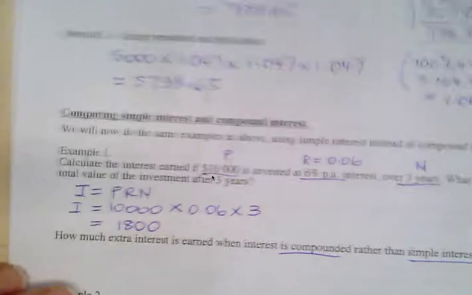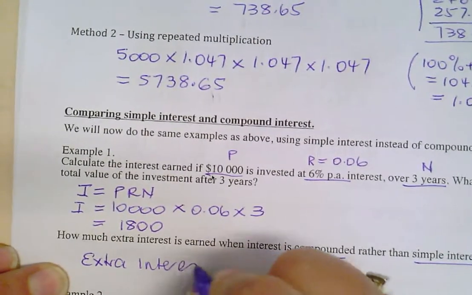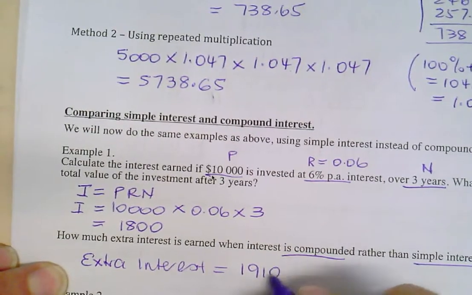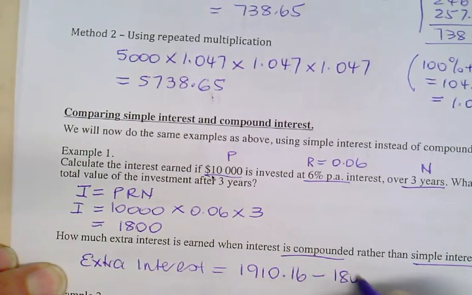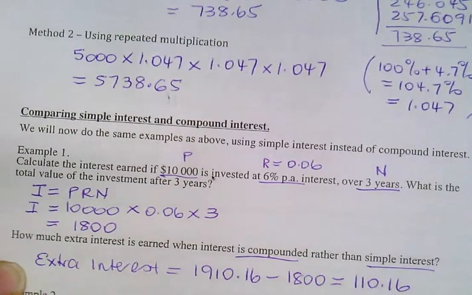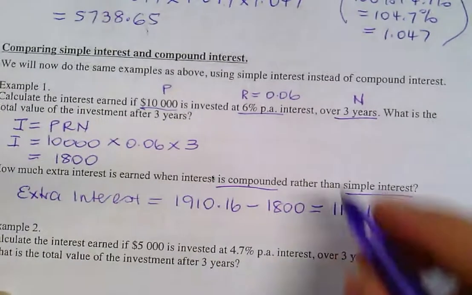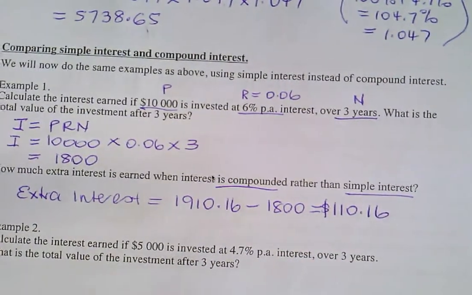So the extra interest earned is $1,910.16 minus $1,800, which is $110.16. So $110.16 extra interest earned by compounding.